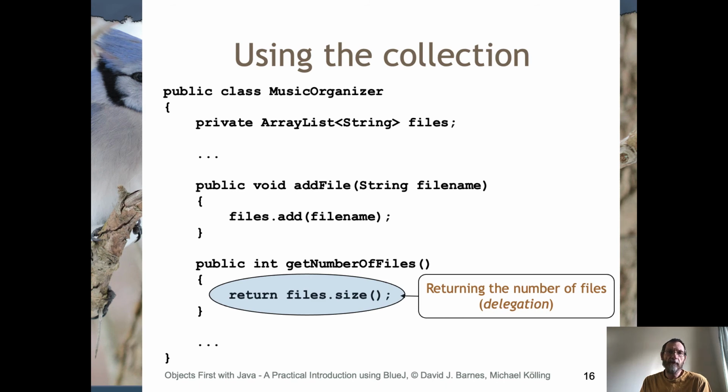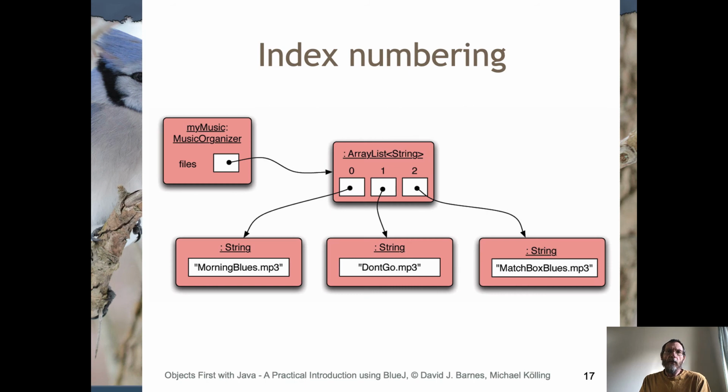Now, one thing we need to be aware of when we're using an ArrayList class is that the ArrayList assigns index values or indices to the individual items that it's storing. So it gives the index 0 to the first item it stores, 1 to the second, 2 to the third, and so on.